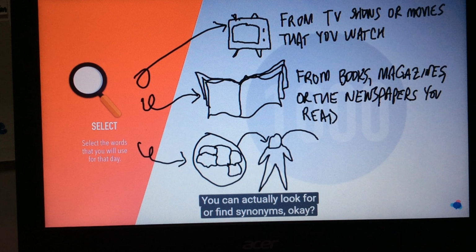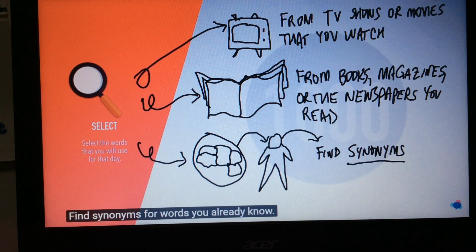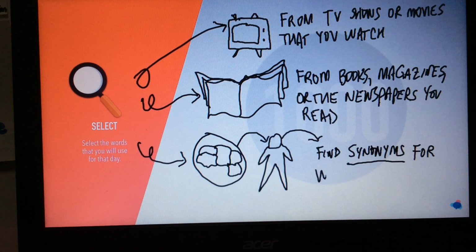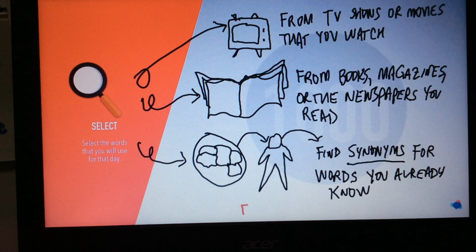You can actually look for or find synonyms for words you already know. For example, let's say I already know the word big.